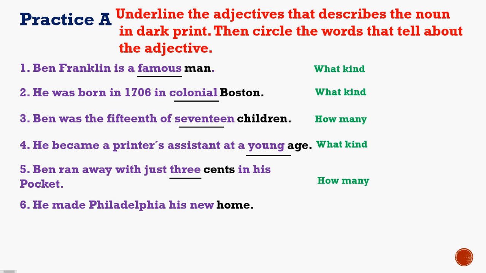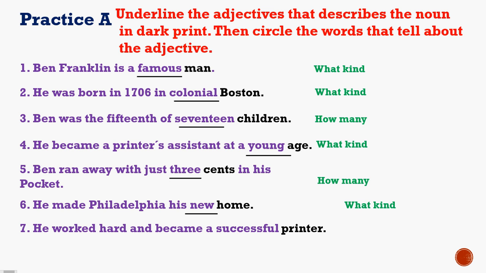Number 6. He made Philadelphia his new home. The noun over here is home, and the adjective is new. Good job. It's about what kind or how many? Good job. It's about what kind.